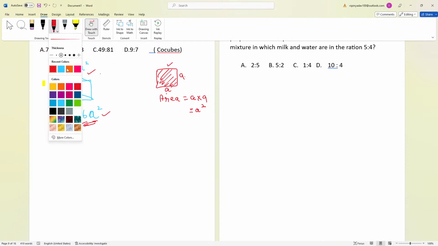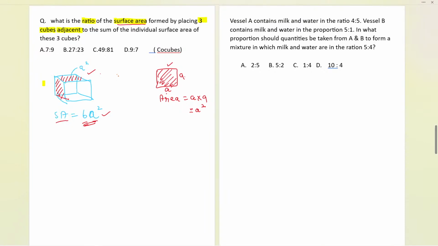So let us form the 3 cubes here. This is the first cube, second cube, and the third cube is like this. I have joined them now.